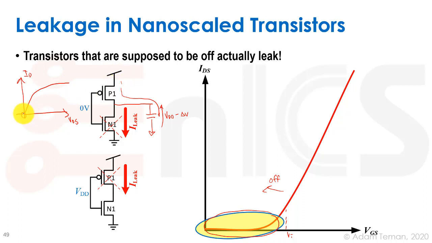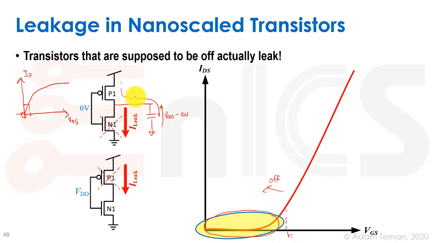Because we're over at this point where VDS or VSD of the PMOS is 0. The minute that a little bit of charge leaks away, and we have something like a VDD minus delta over here, the VSD on the PMOS is larger than that, and we have a non-zero current which will run through here.